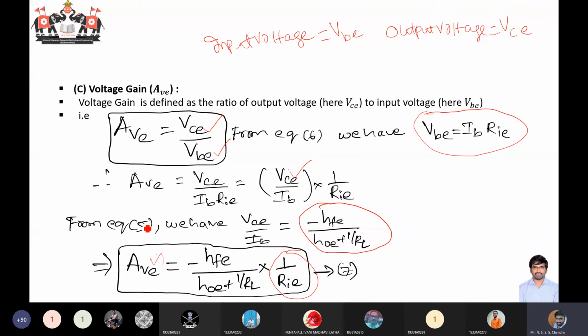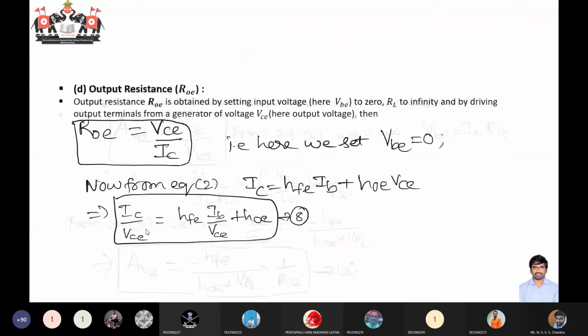Next is output resistance. The output resistance will be equal to VCE by IC, the change in the output voltage to the output current. But one more thing you need to consider is that here we need to keep the input voltage as 0. This is the only special condition that you should remember.